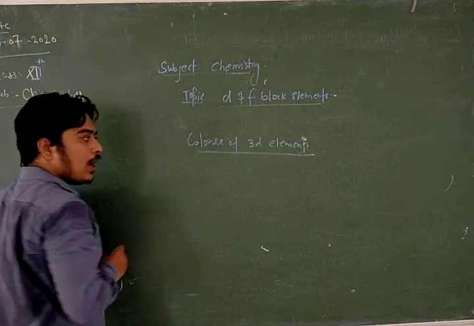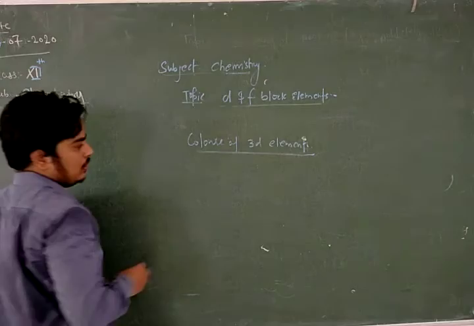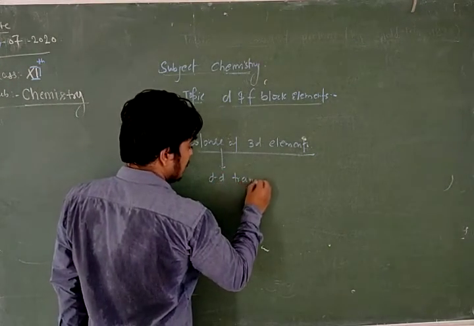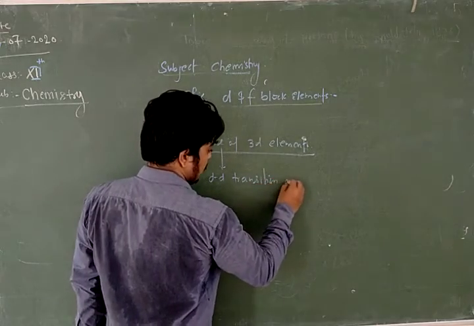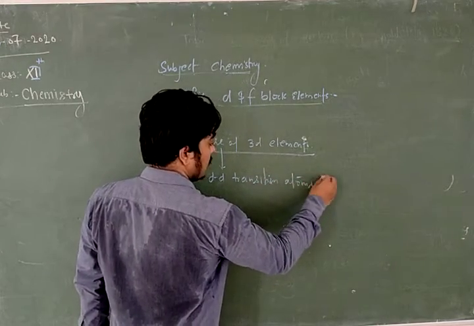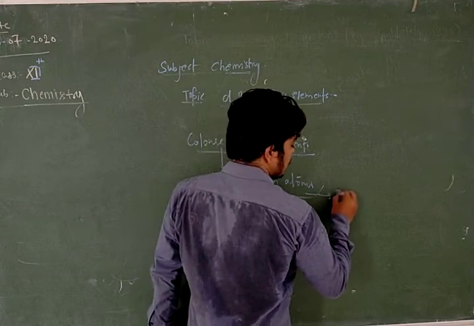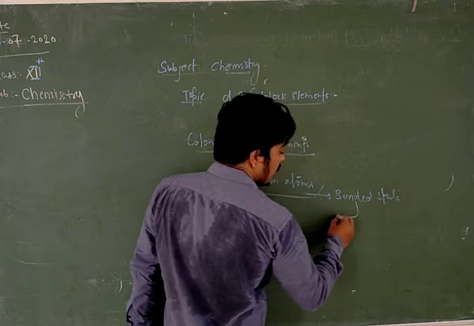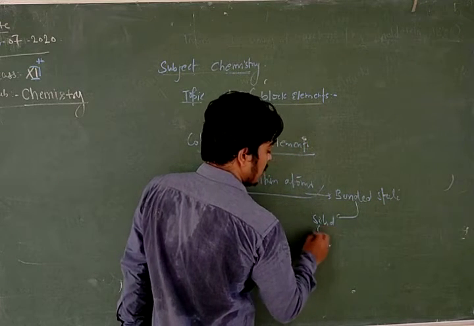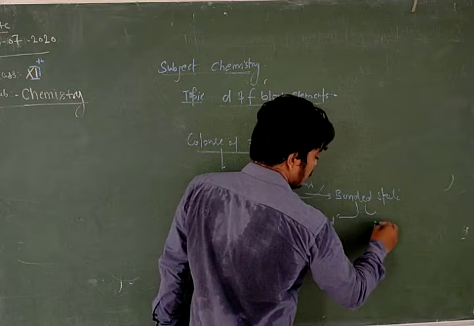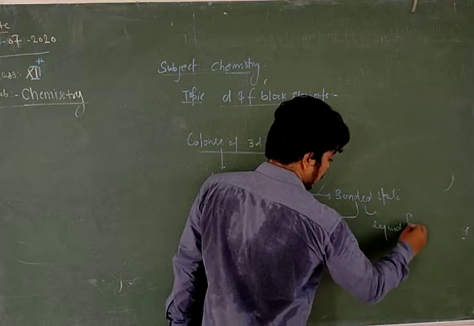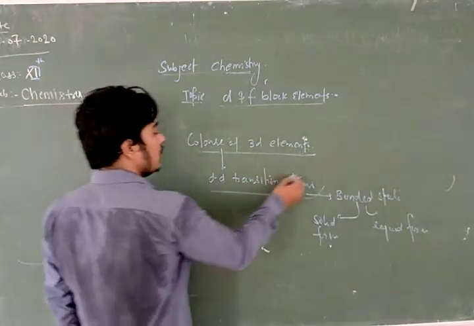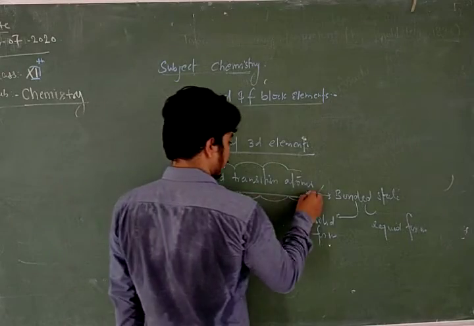Regarding color, I have discussed in coordination compounds that color is due to d-d transition in atoms when they are in bonded state, either in solid form, liquid form, or hydrated form. It will be due to d-d transition.